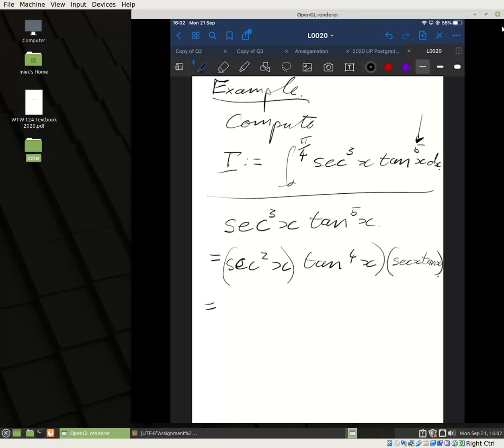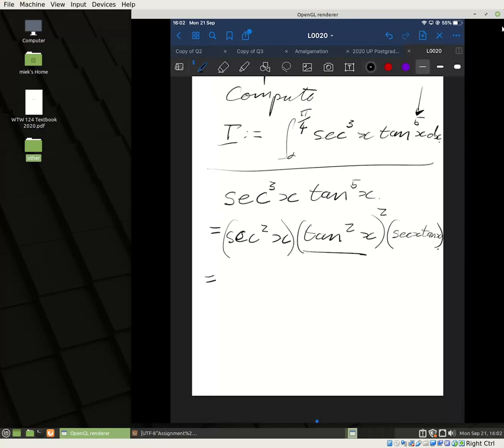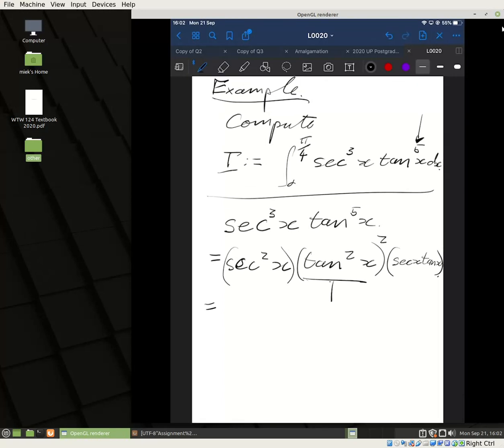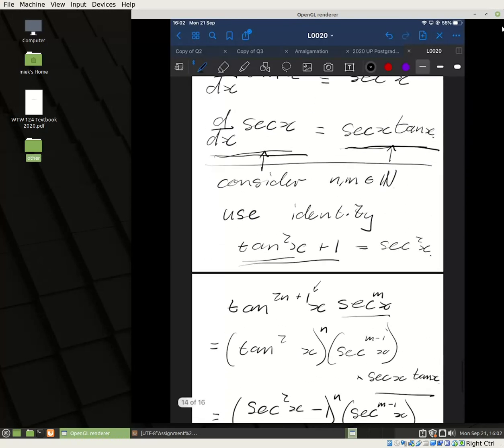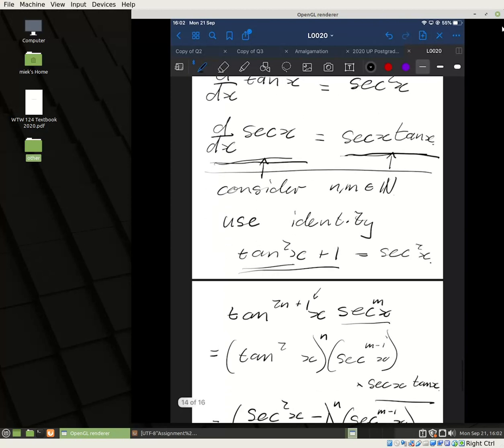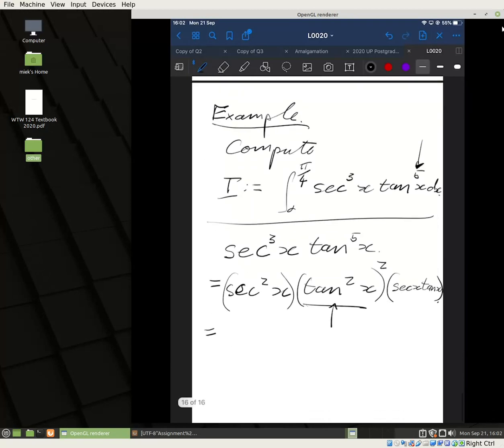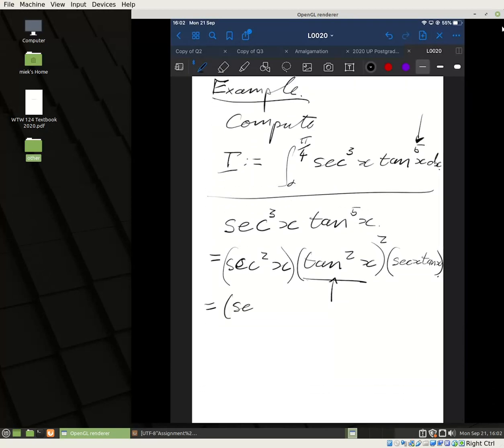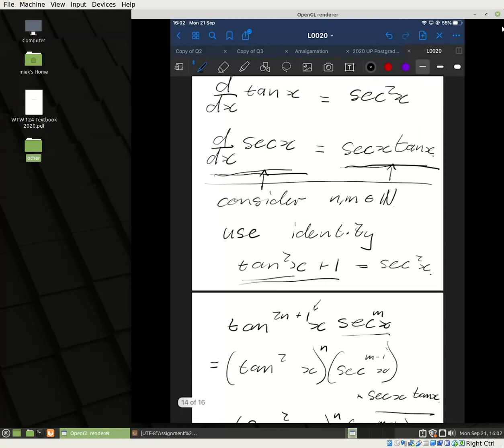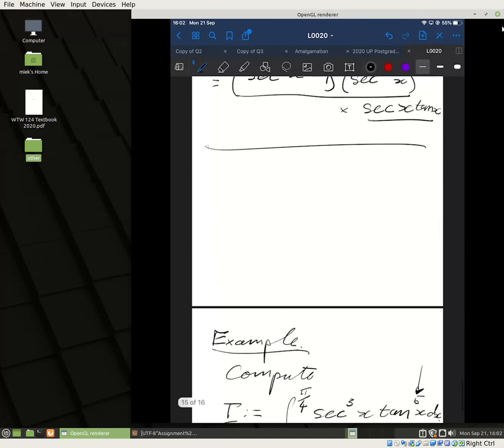Okay, let's put some brackets there. Let us write tan to the 4 as tan squared, squared, and let us use our identity tan squared plus 1 equal to sec squared x to convert these tans into secs. So this is sec squared x, and this then becomes, taking it across, sec squared minus 1.